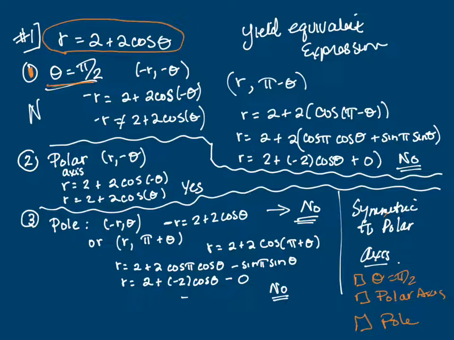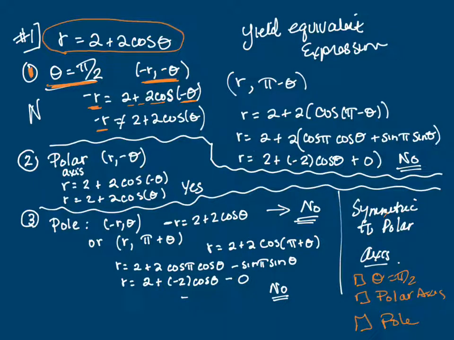Let's check whether it's symmetric to theta equals pi over 2. The first test is to change r to negative r and theta to negative theta. So here's me saying negative r equals 2 plus 2 cosine of negative theta.